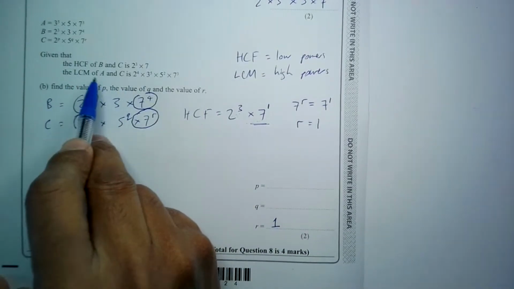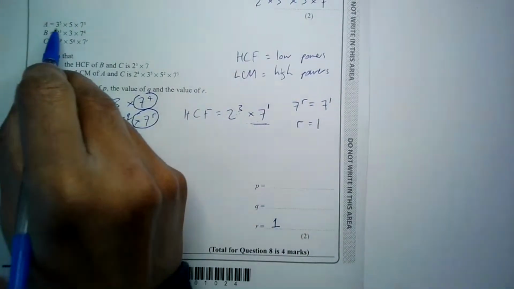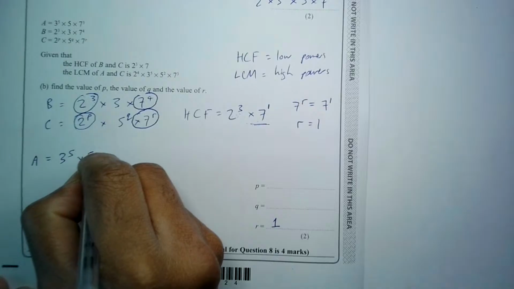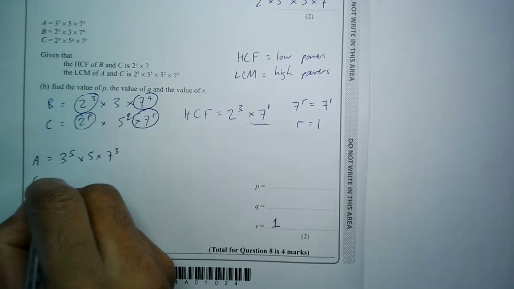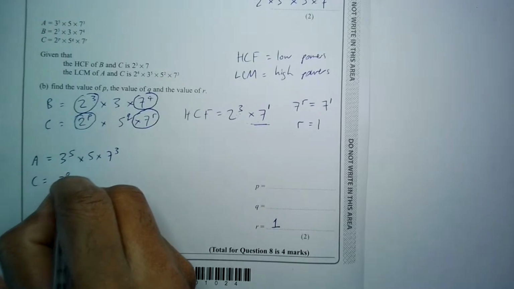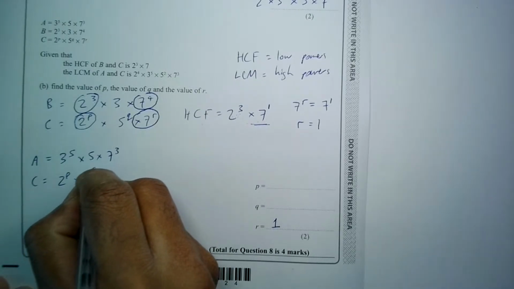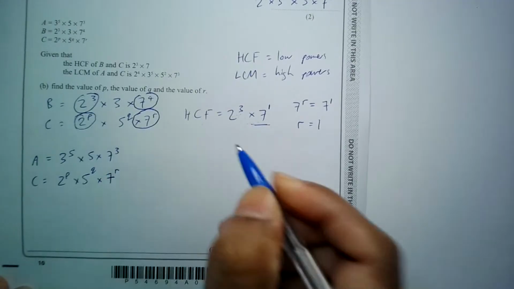LCM of A and C. Let's write out A. A equals 3 to the power 5 times 5 times 7 to the power 3. And C equals 2 to the power p times 5 to the power q times 7 to the power r.